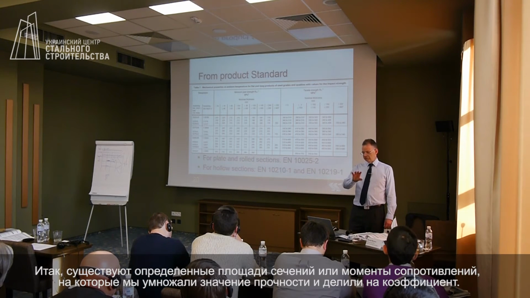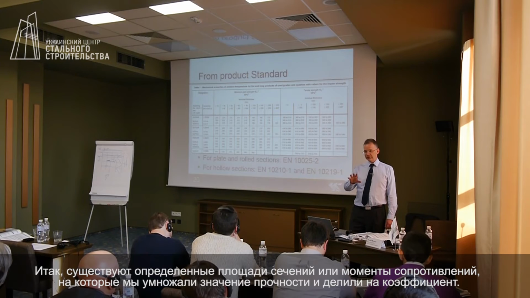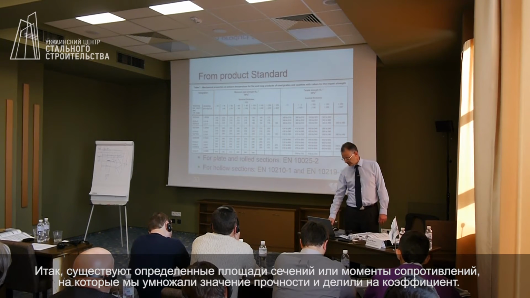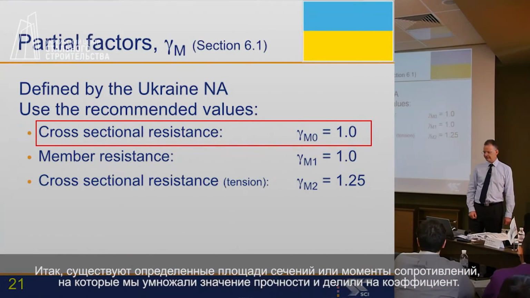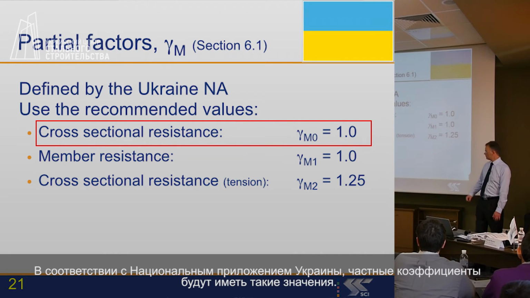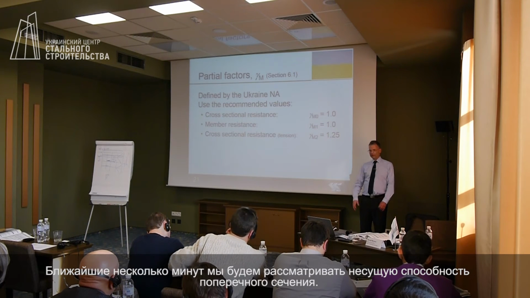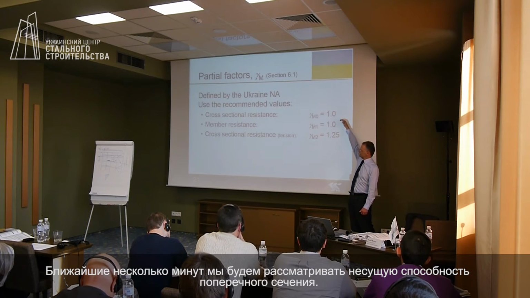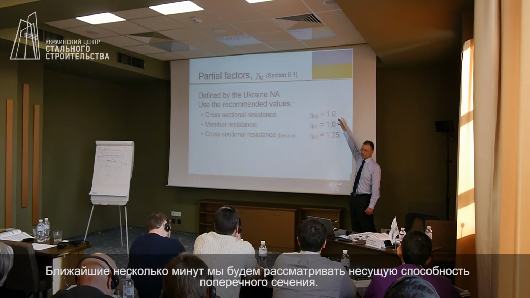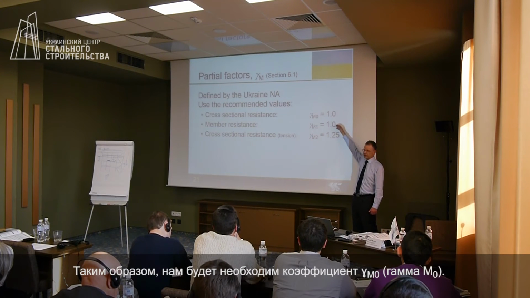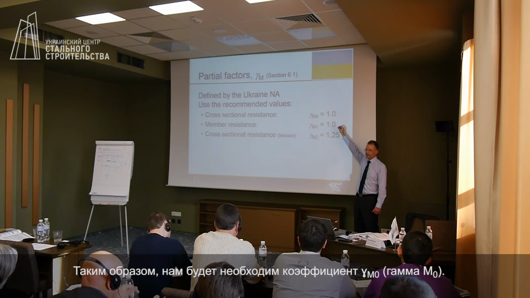So there will be some area perhaps, or a modulus, multiplied by a strength divided by a material factor. And from the Ukrainian national annex, these are the material factors. For the next few minutes, ladies and gentlemen, we are dealing with cross-sectional resistance, so we will be interested in gamma M0.